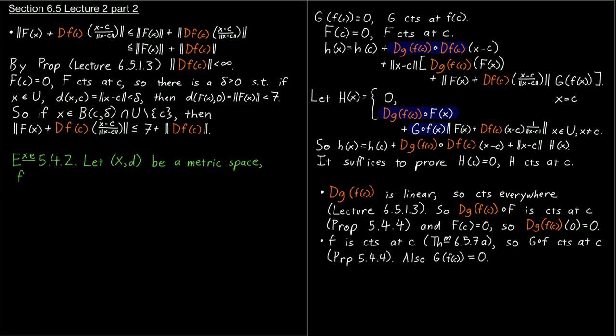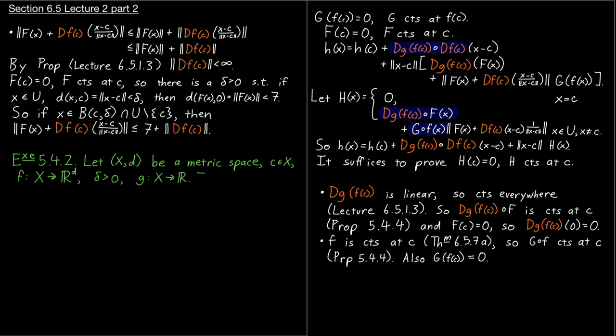F is a function from X to, I think in this case we need it to be R^D. C is a point in X. We're going to have delta be a positive number, and G is a function also from X, but now mapping into the real numbers.